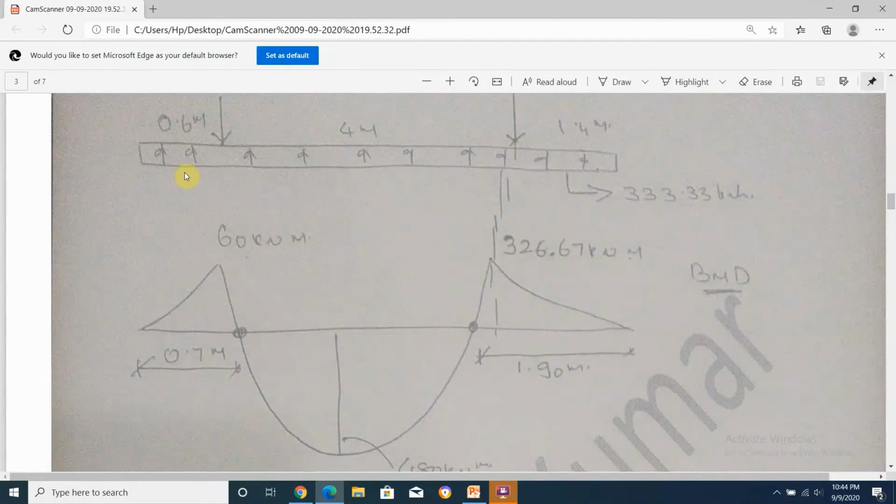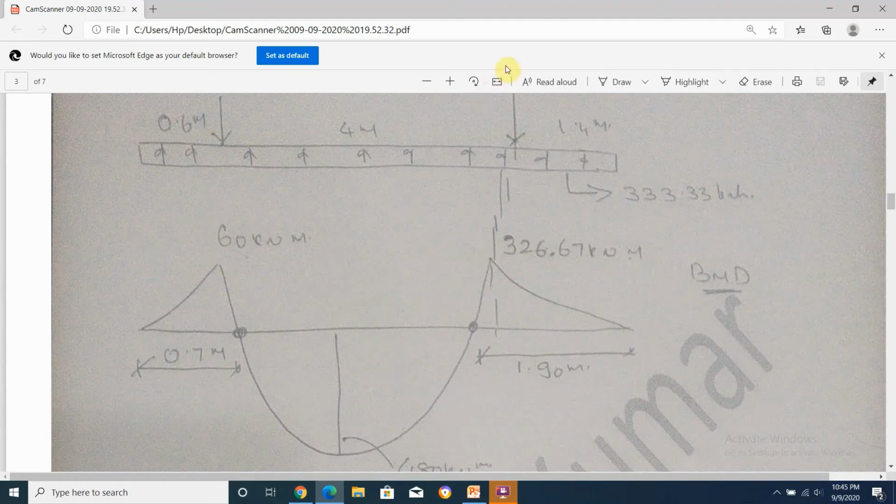So sagging moment is positive, this is negative, positive. Then what do we do here? 333.33 into 0.6 into 0.6 divided by 2, I will get 60 kilonewton meter.